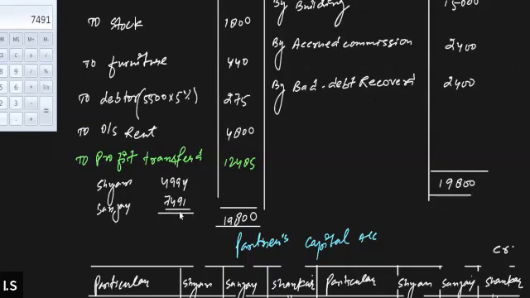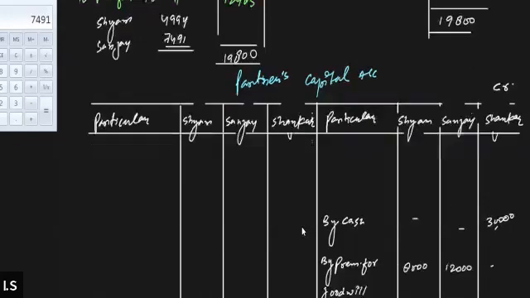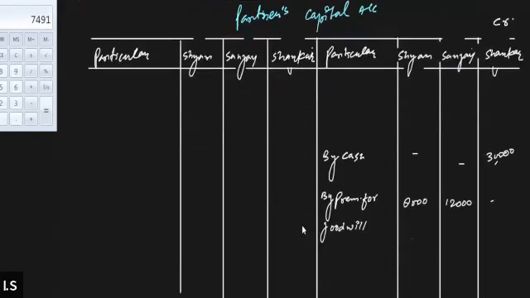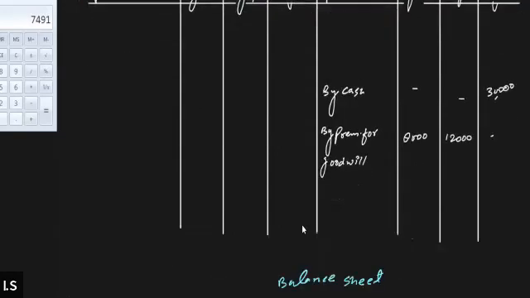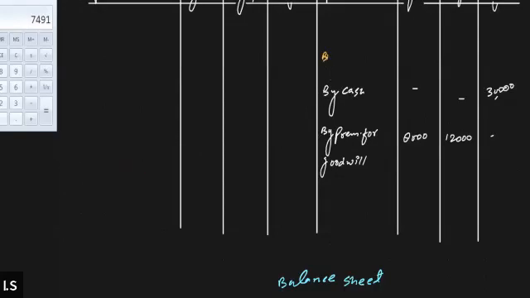Tell me everyone, is this clear? Yes. And now what do we do with the revaluation account profit? We have to show it in the balance sheet. Sorry, the capital account, sir. Yes, we'll show it in the partners capital account. So we'll go to the partners capital account and write down by revaluation account.